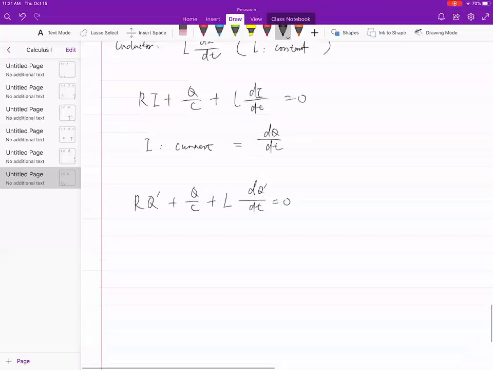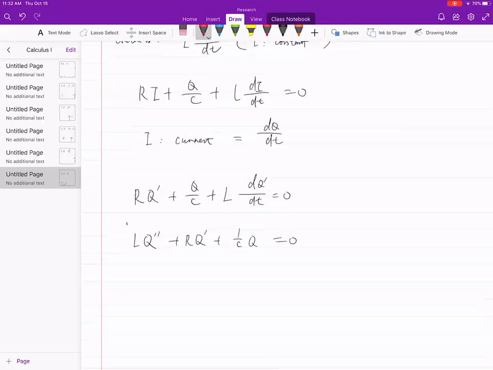You take a Q prime, you take another derivative, that's just Q prime prime. Rearrange the order, and you have something like this. That will be the final differential equation the electrical circuit has to satisfy.